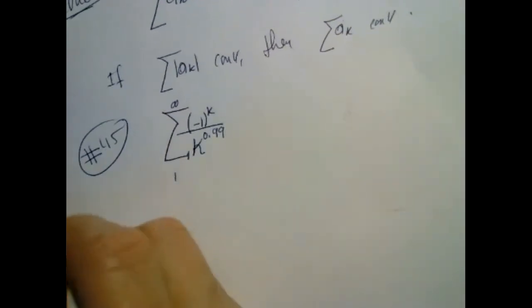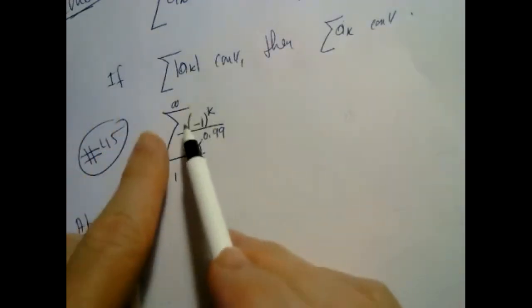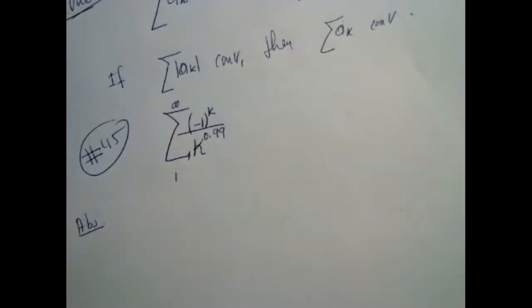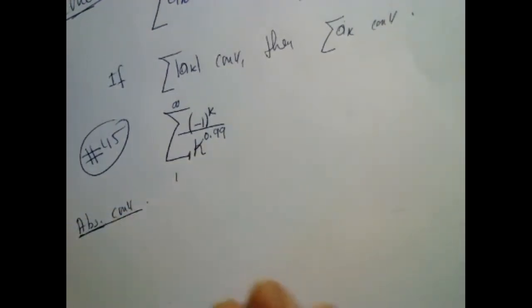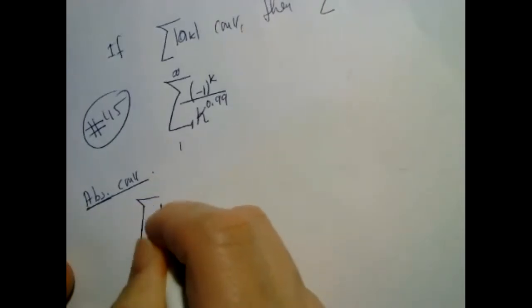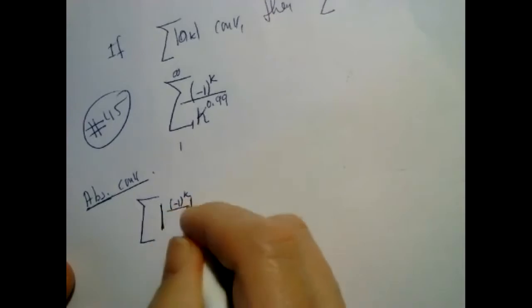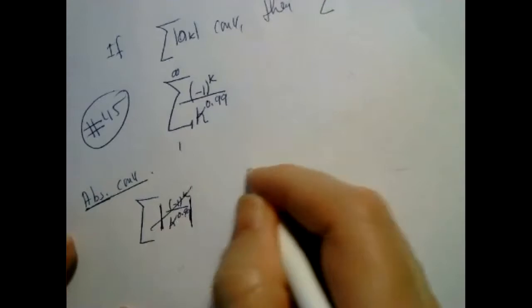All right, so first we check the absolute value, because if it converges with absolute value, it will converge without them. So we're done. So first we check absolute convergence.